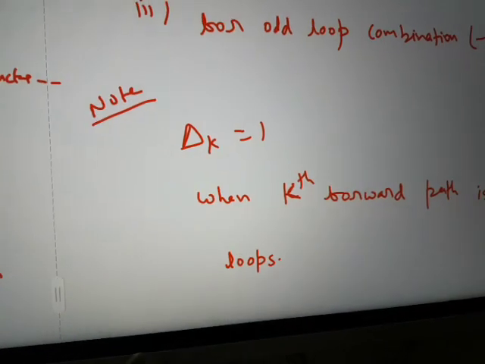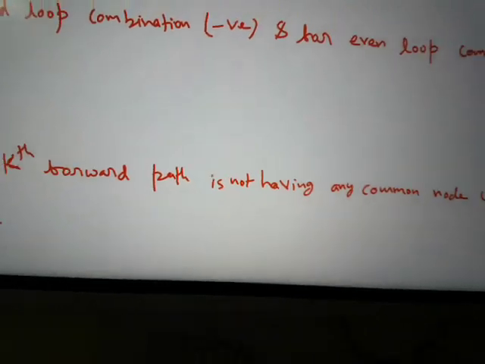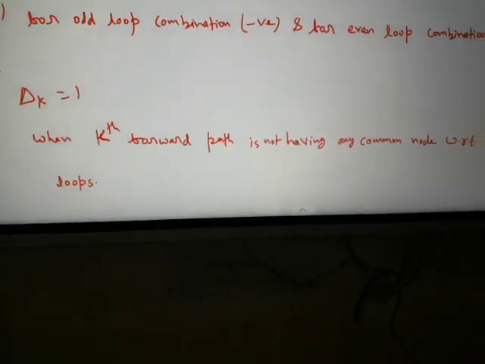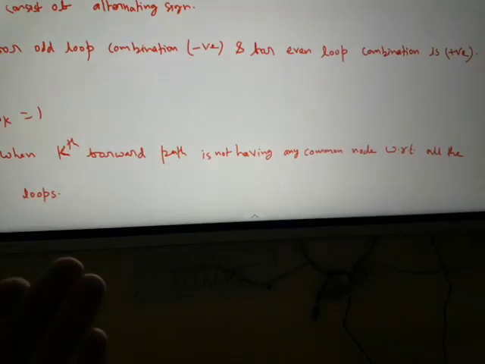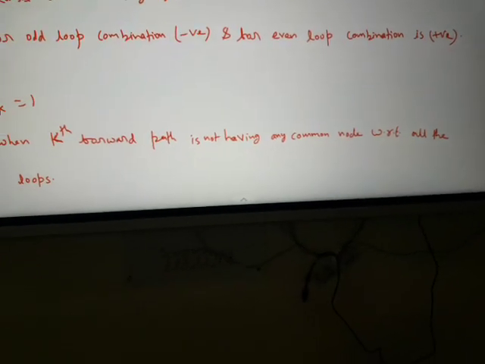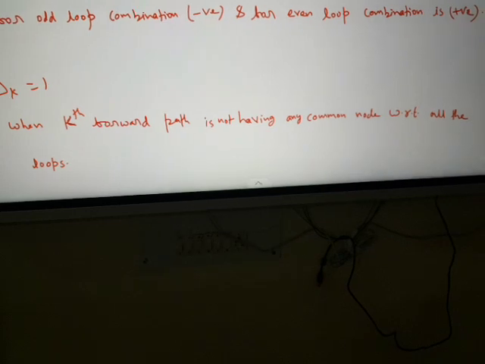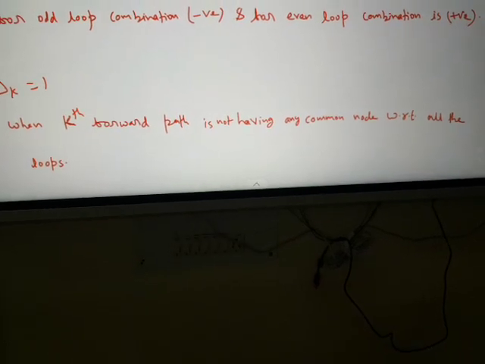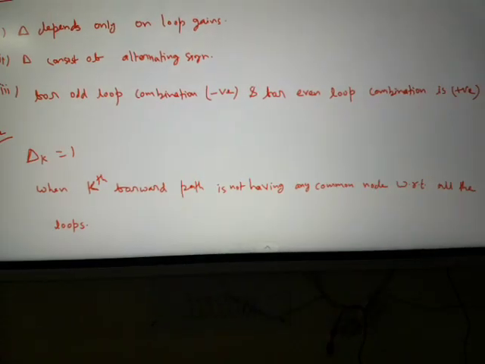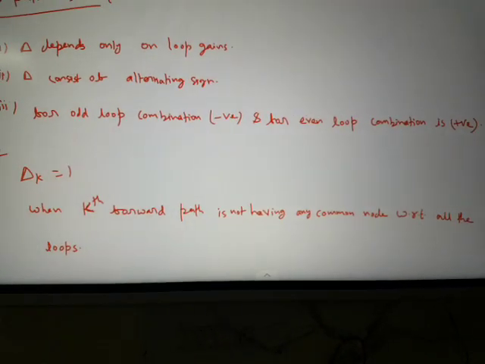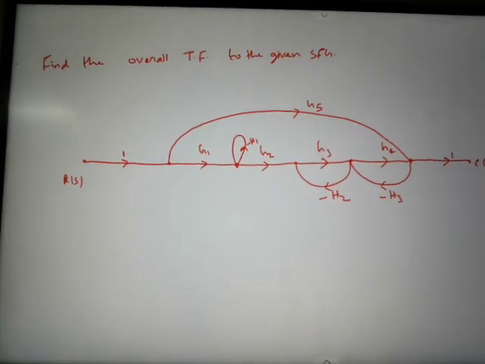But we use del_k equal to 1 when the kth forward path does not have any common node. If we have a common node, then we calculate del_k. If we don't have any common node with respect to all loops, in that case del_k will be 1. Okay, now we have an example.